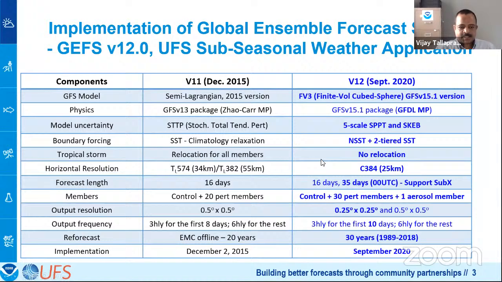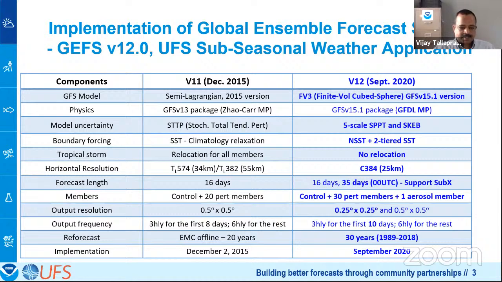One is the NSST, the near surface sea temperature, and a 2-tiered SST where we relax the forecasted SSTs to CFS predicted SSTs. This model has been increased in resolution from about 35 kilometers to 25 kilometers and extended the forecast length from 16 days to 35 days to support subseasonal weather application.